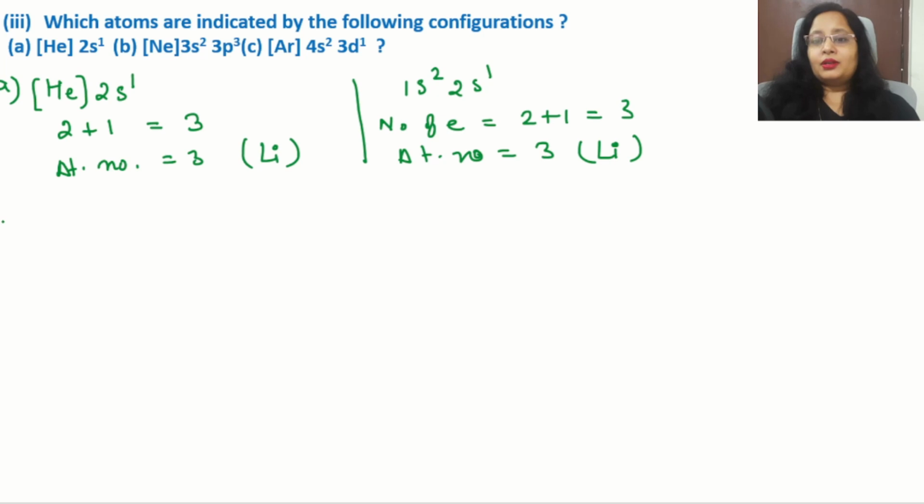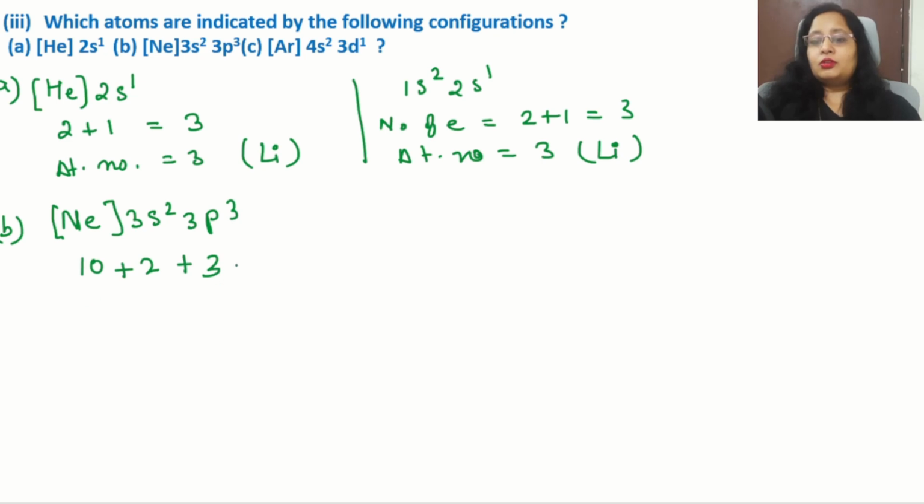Now come up to the B part. B is neon and then 3s2, 3p3. So in the first kind of thing, neon is having, remember this, 10 electrons. 10 plus, now 3s having 2 electrons plus 3p having 3 electrons.